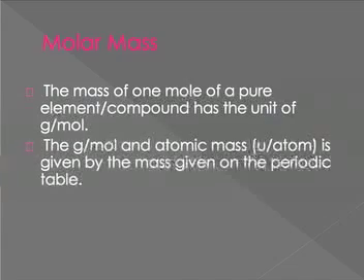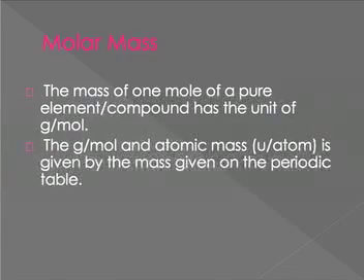The atomic mass, u over atom, which we've seen before, is given by the mass on the periodic table. When you look at a periodic table, you look at your element, and underneath that element you have a mass. Both of those numbers are given by that mass number at the bottom.